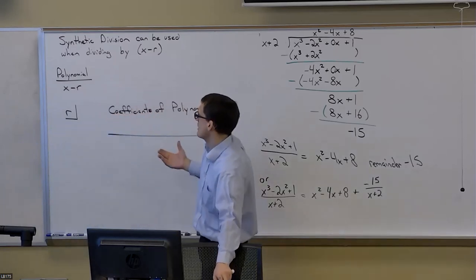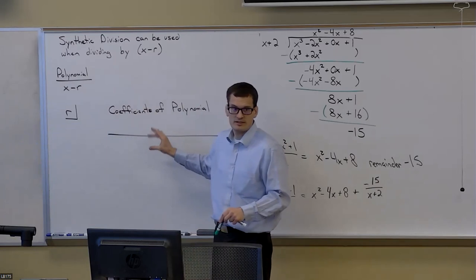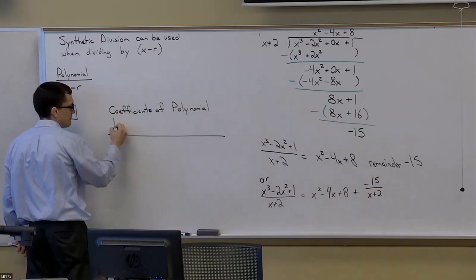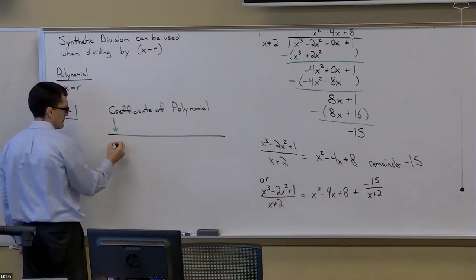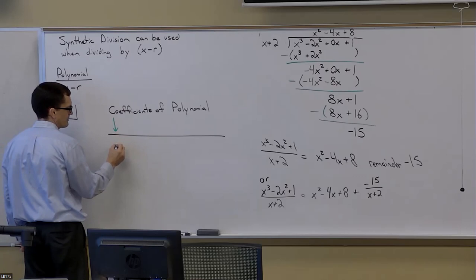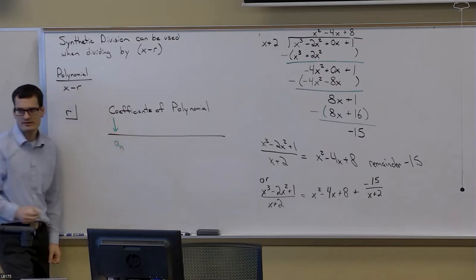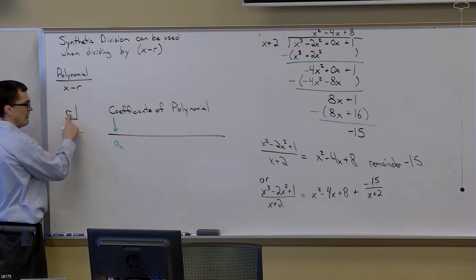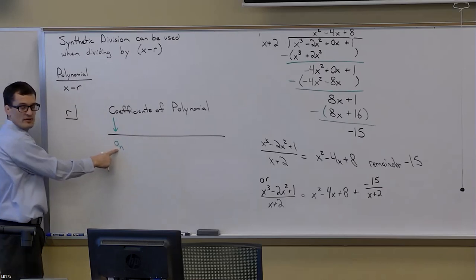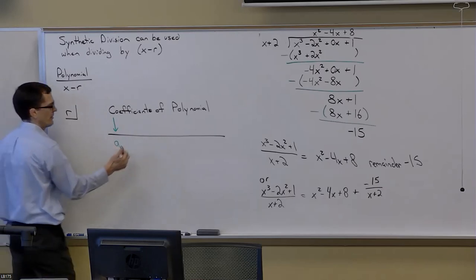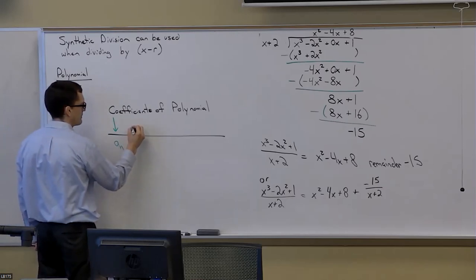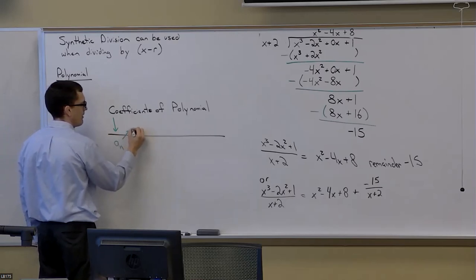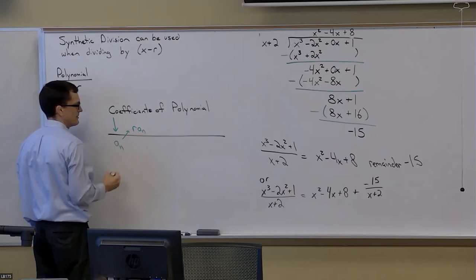In each subsequent iteration, the first coefficient is going to drop down. You're going to get whatever a sub n is, the coefficient of the polynomial. And then you're going to take r times that, so r times a sub n.